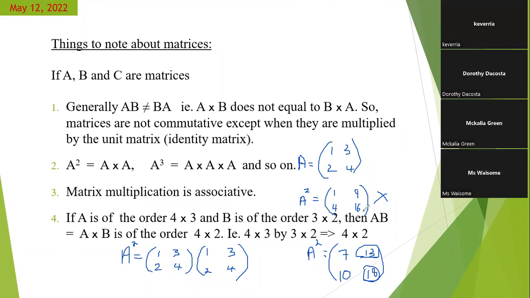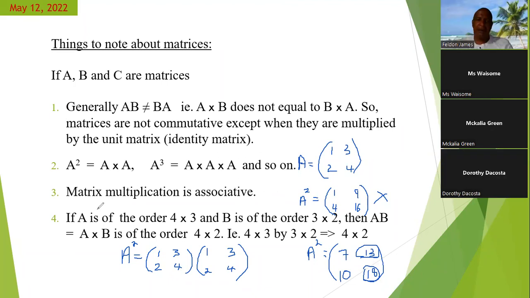All right. The next thing to note is, so we are on the third one: matrix multiplication is associative. What do we mean by associative? Anybody remember what the associative law states?